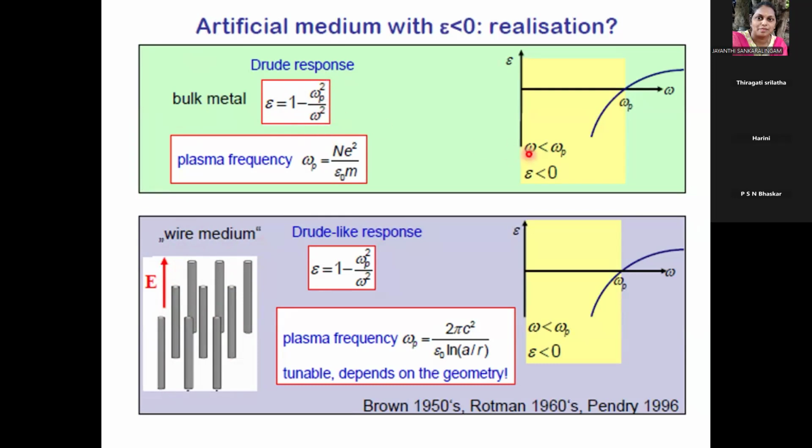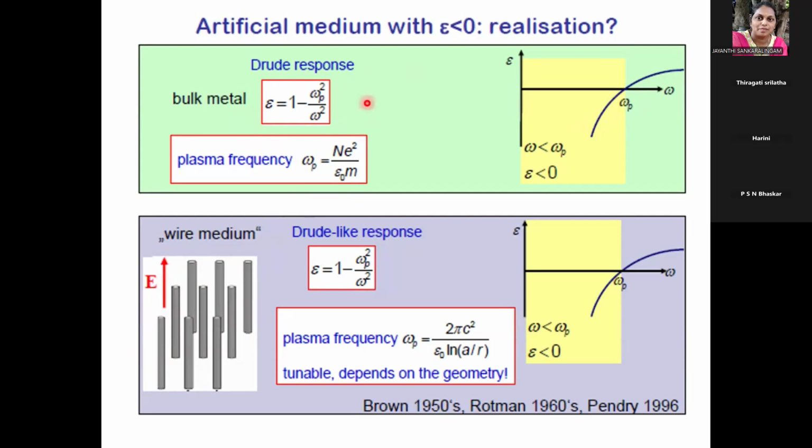So when omega is greater than omega p, this value will be positive. When omega is less than omega p, this value becomes negative. So you are going to get a response of this fashion, where omega p is decided by the combination of these materials and the metallic configuration of these materials.